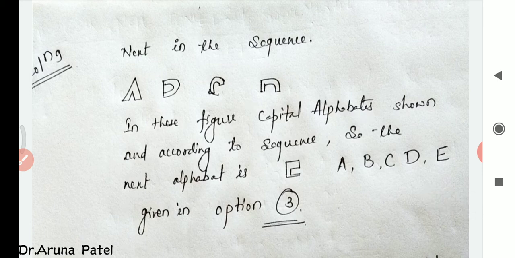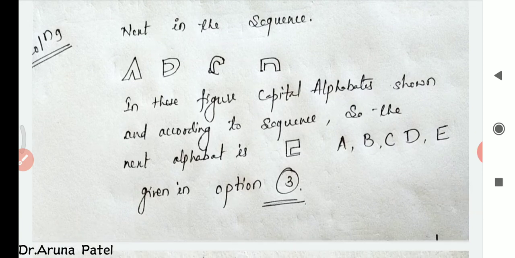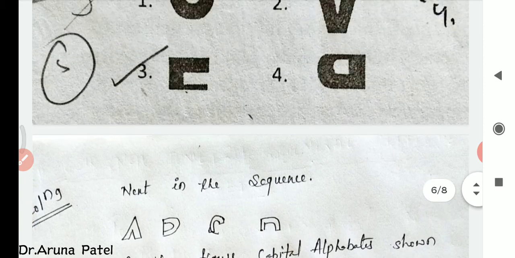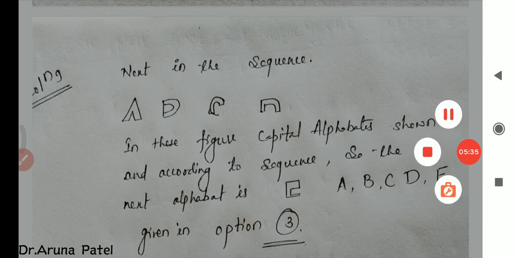In the sequence A, B, C, D, the lower half of the figures is cut out and the upper half is presented. According to the sequence, the next alphabet is E, which is given in option number 3. So option 3 is the correct answer for this question.